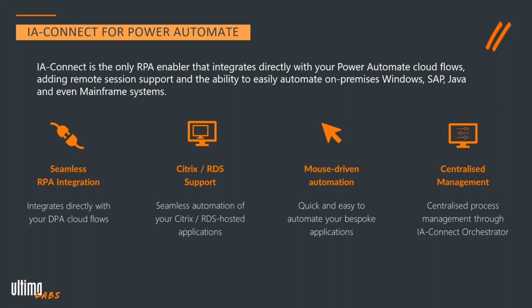So you've got access from one console, one panel essentially, to automate all of your API-based applications, so things like ServiceNow and Salesforce, anything that's DPA, plus RPA, plus anything that has to run over Citrix or remote, plus anything that actually does require the mouse to be moved around. So you get some older applications where literally you do have to move the mouse into that field for the field to highlight in order for you to type. It won't work any other way. We allow you to automate all of those things all from one pane of glass.